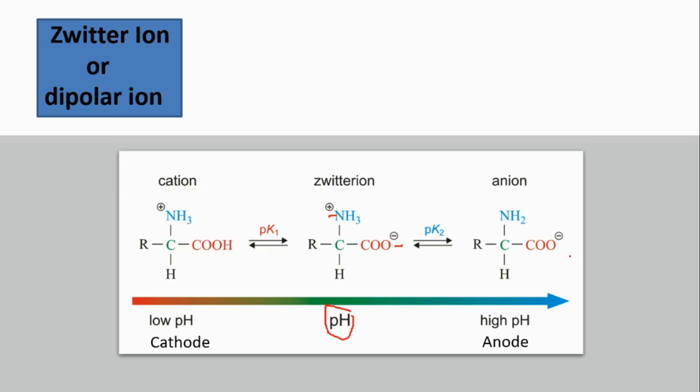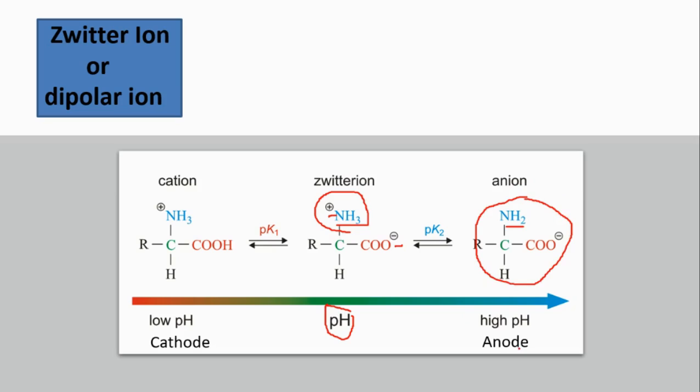So now it becomes negatively charged. The Zwitter ion, initially neutral, when placed in a basic solution at high pH, donates its proton from NH3 and gets converted to NH2, and the total charge on this is negative. So now it is an anion and it migrates towards the anode.